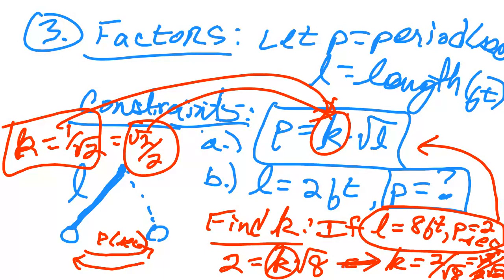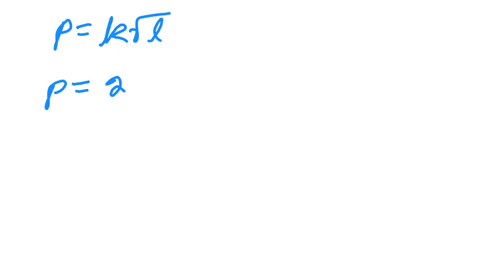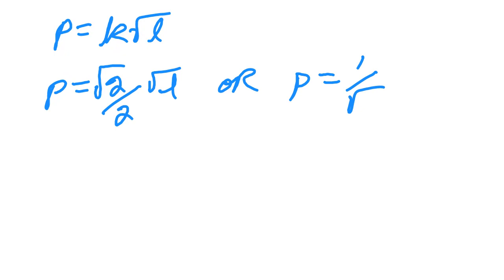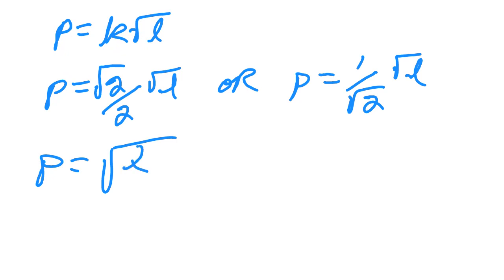So then we have a new and improved equation, right? Instead of P equals K times the square root of L, we have P equals square root of 2 over 2 times the square root of L, or what I like, if I use 1 over the square root of 2 times the square root of L, this really becomes P equals the square root of L over 2, an easier way to write that.